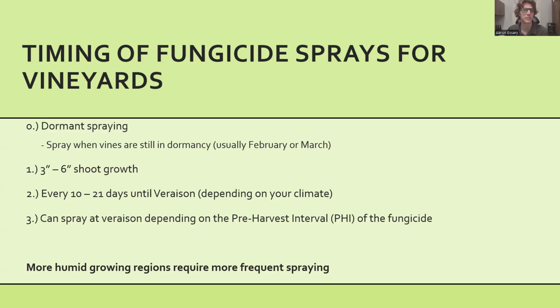And then you can even spray into veraison if your fungicide allows. That was number 3. You can spray into veraison depending on the pre-harvest interval, you see. So if you have a fungicide with a 21-day pre-harvest interval, you probably don't want to spray that around veraison. You've got to find something that has a 1, 2, or 7-day pre-harvest interval. And again, more humid growing regions require more frequent spraying.